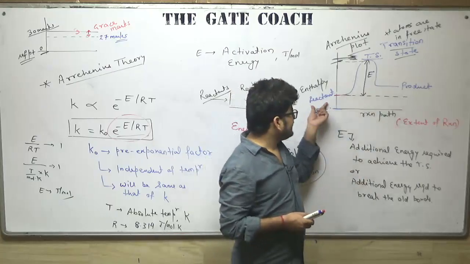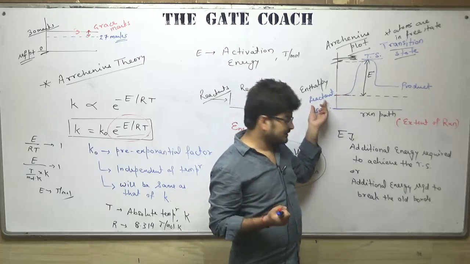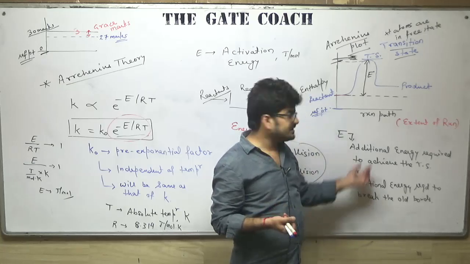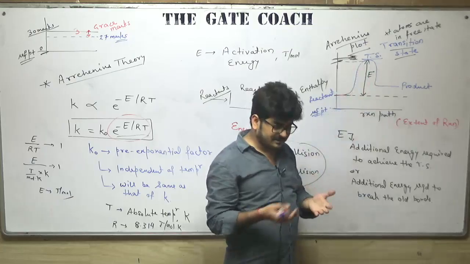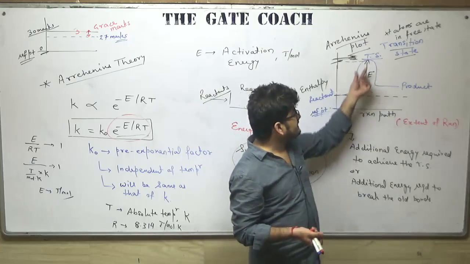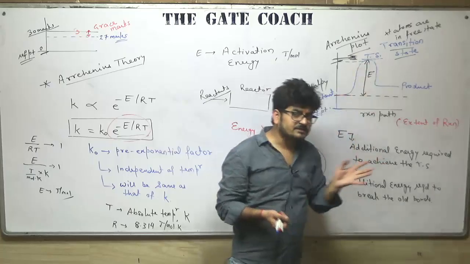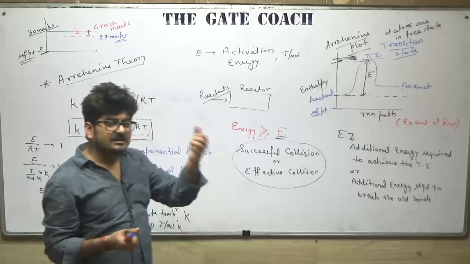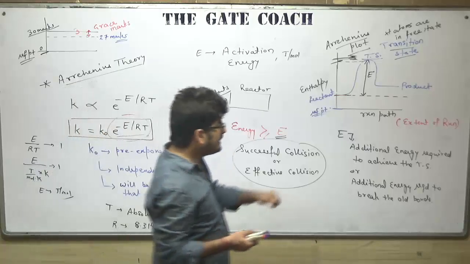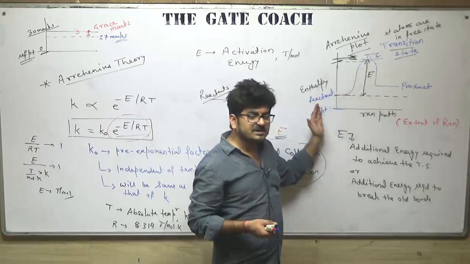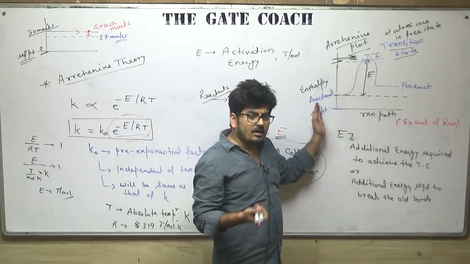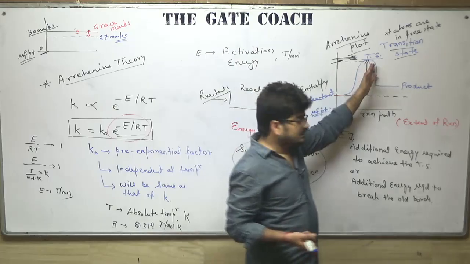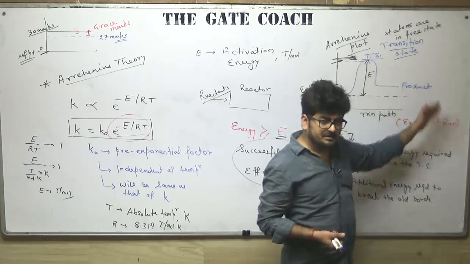So if we have the reactants, they achieve the minimum energy, that is the activation energy. Their bonds break, and after that they achieve the transition state where all atoms are in free form, and then those free atoms have two choices, either to form the old bonds once again and get back to their original state, meaning the reactant state, otherwise those free atoms can form the new bonds to move to the product state.